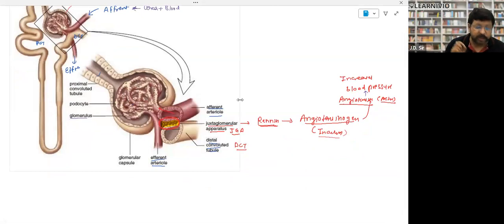Renin is an enzyme. Note, put the heading JGA. Renin is an enzyme which acts as a hormone here. For the sake of your recalling and understanding, you can note it down. This enzyme digests milk protein in children.